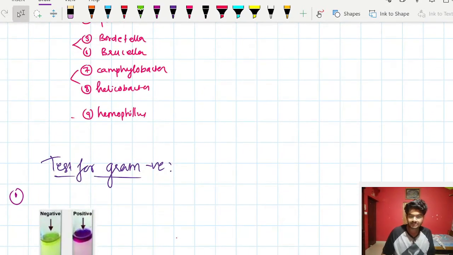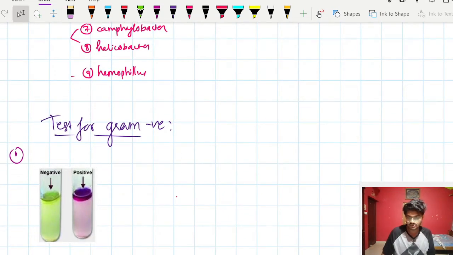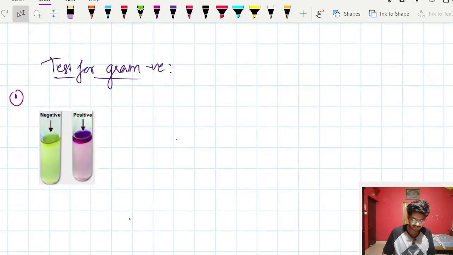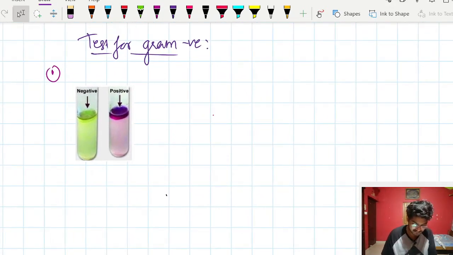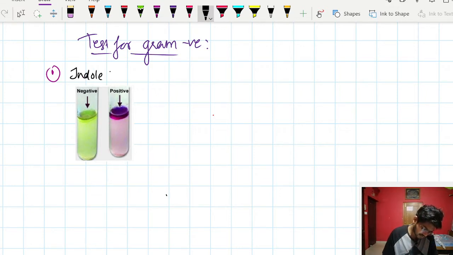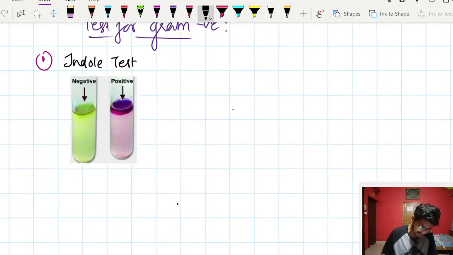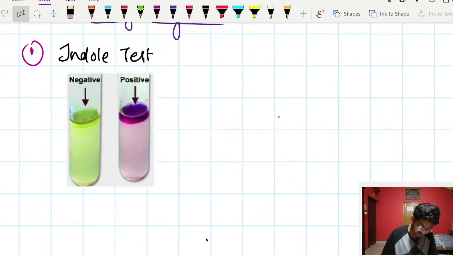Now let us go into the specific tests for gram negative bacteria. Gram positive we already discussed. The first test for gram negative bacteria is our indole test. In the indole test, what we detect is the presence of an enzyme called tryptophanase.